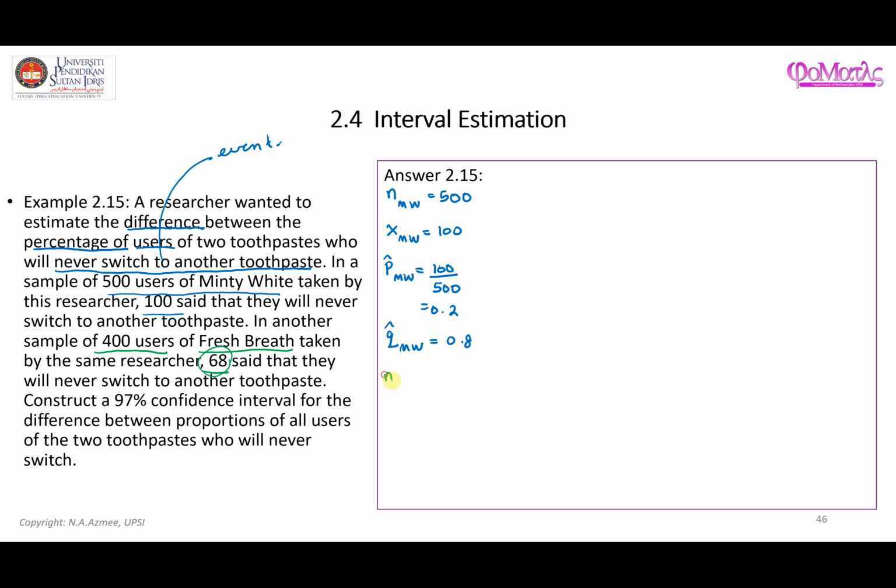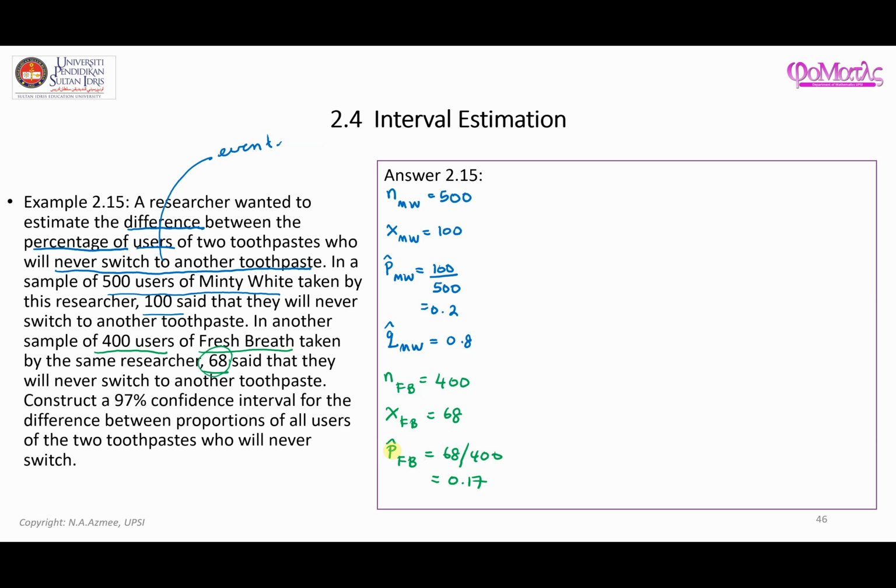So we have the sample size for fresh breath is 400. The value of x for fresh breath is 68. So therefore the sample proportion for fresh breath is going to be 68 over 400, which is equal to 0.17.